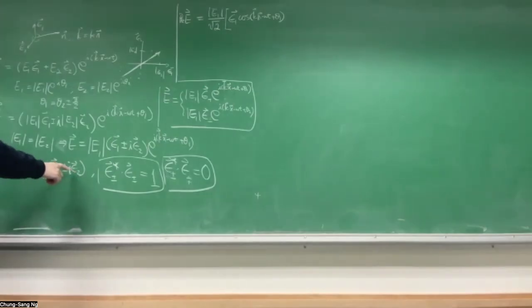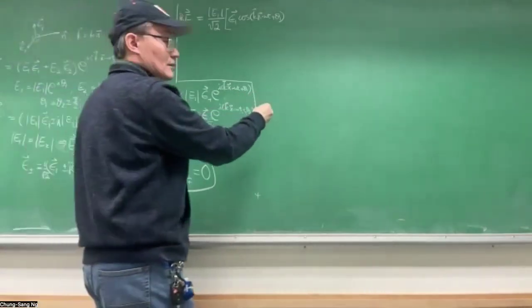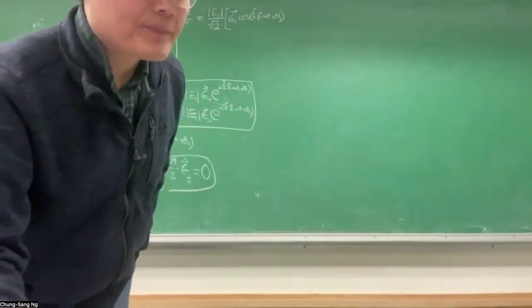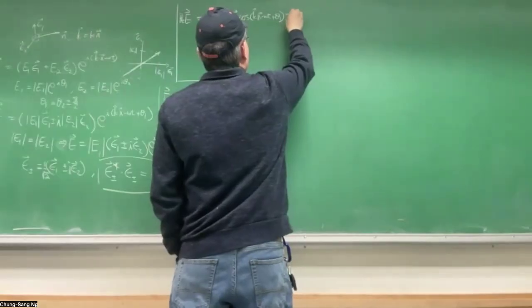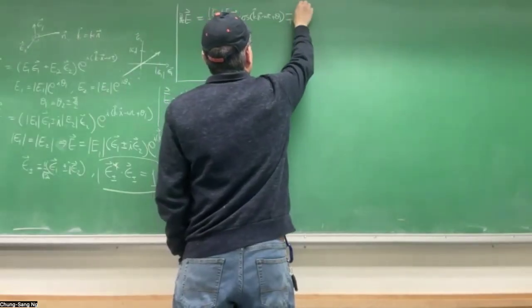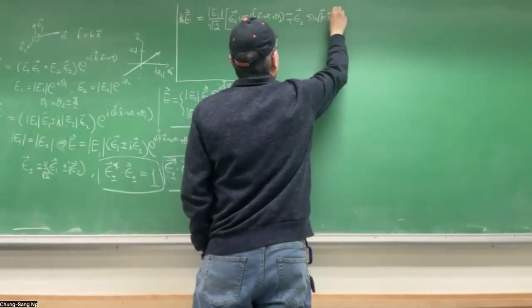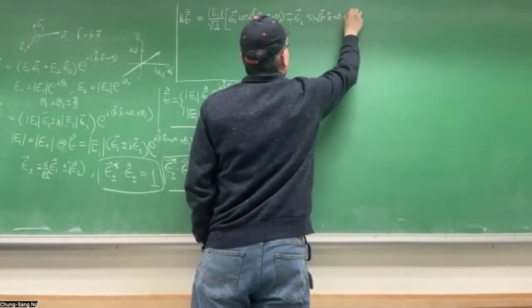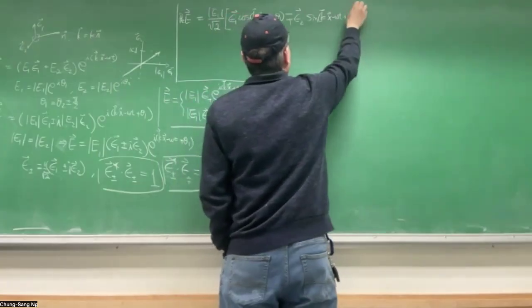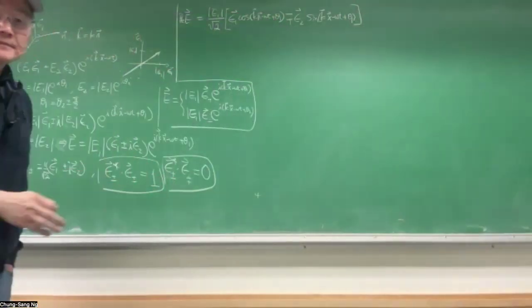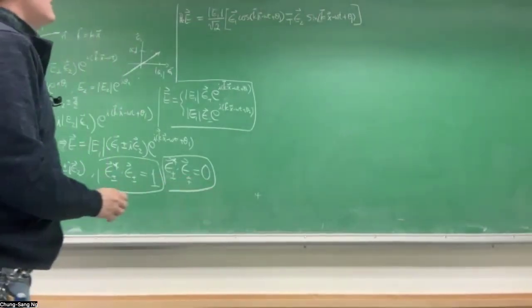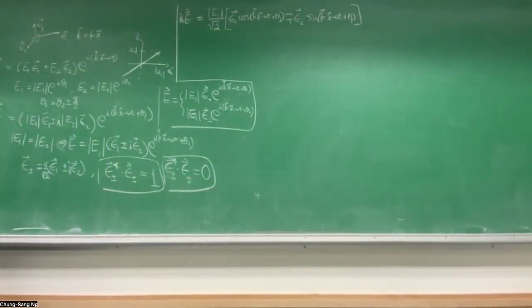So i times i is minus 1, so it becomes minus plus epsilon 2 sine of k dot x minus omega t plus a phase. Okay. All right, so that's the real part. Is that okay?